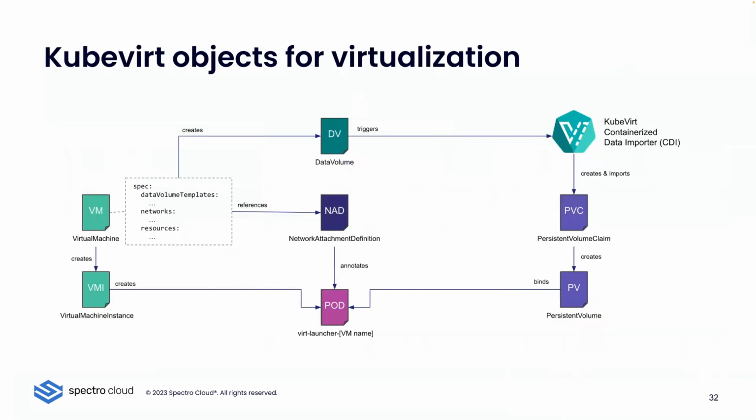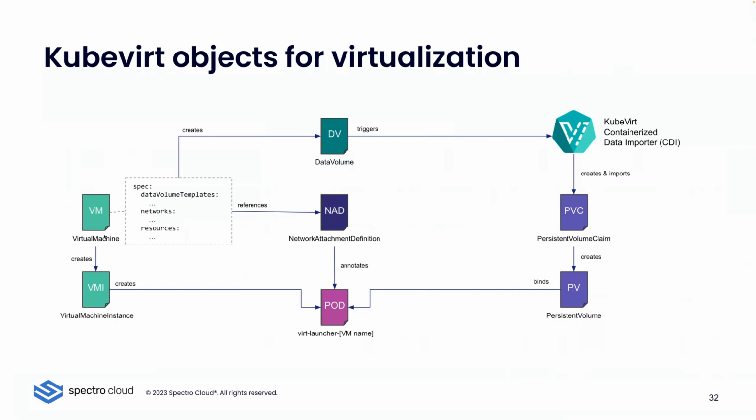If we take a look at the new Kubernetes resources that KubeVirt introduces, we can get a glimpse of how this works in practice. The main resource is a virtual machine resource, right here, that defines the specs of your VM. So CPU, memory, networking, BIOS or UEFI boots, storage, run state.